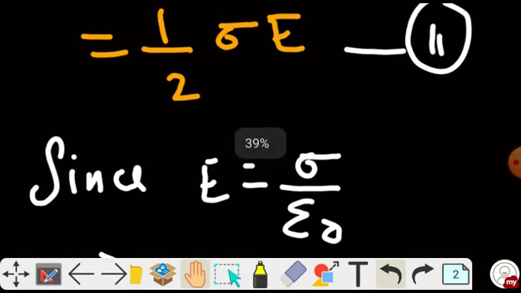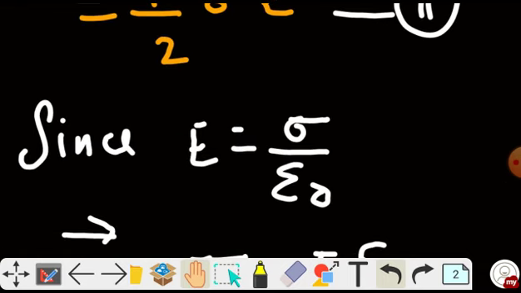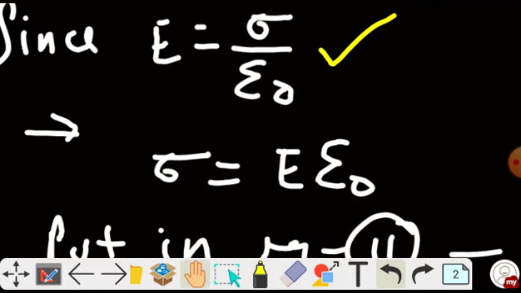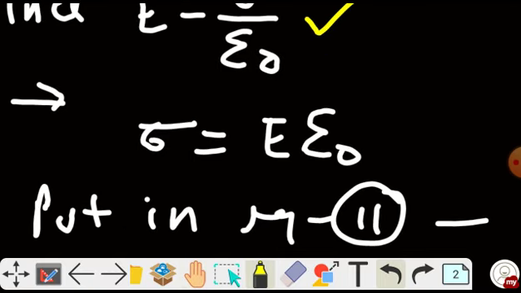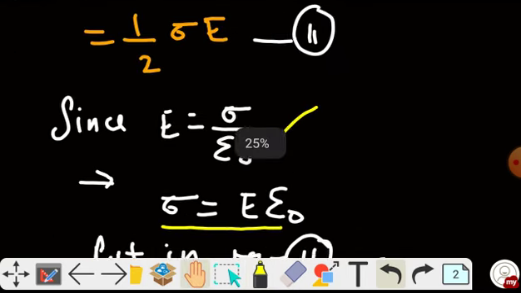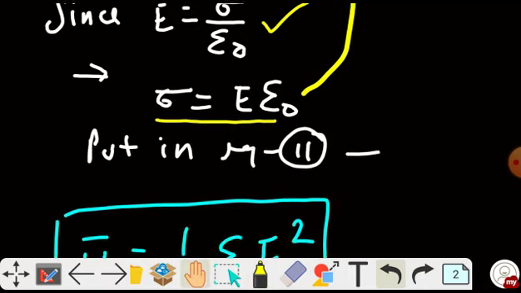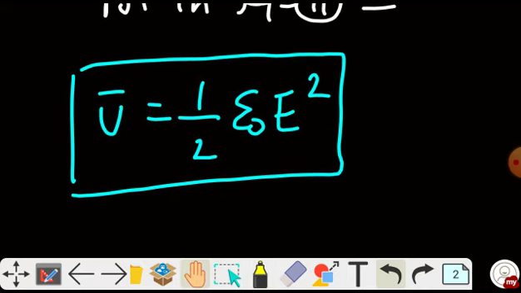One formula comes to mind, and that is E equals sigma by epsilon naught. We all know that between the plates of a capacitor, E is given by sigma by epsilon naught. So from here you can take sigma equals E into epsilon naught and put this value of sigma in equation 2, and we will get our final expression, that is U bar equals half epsilon naught E square.